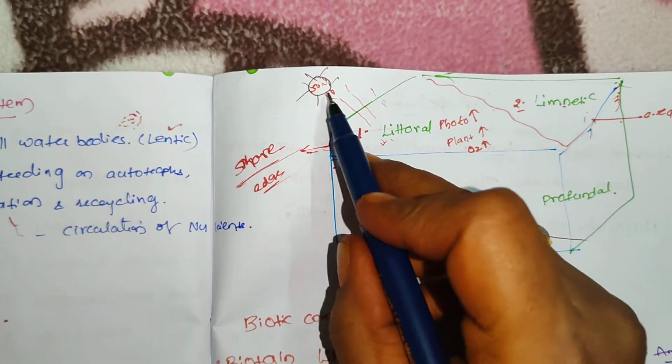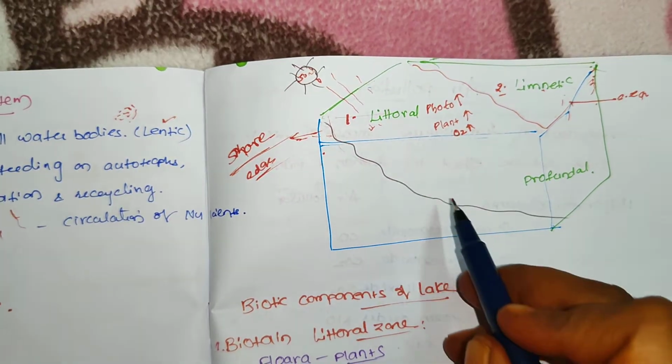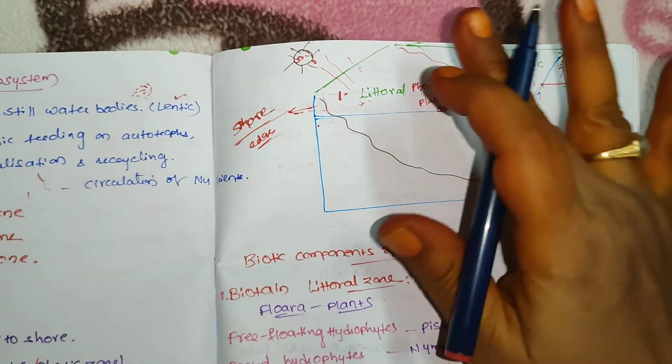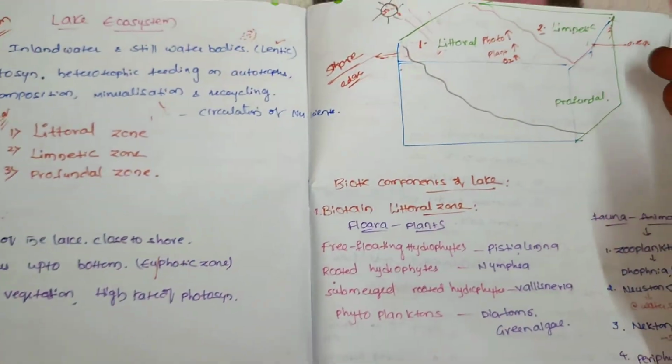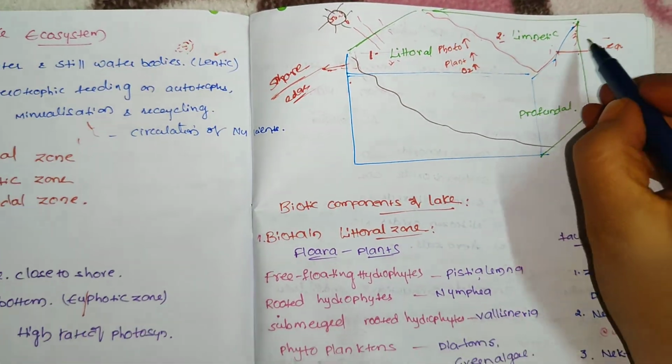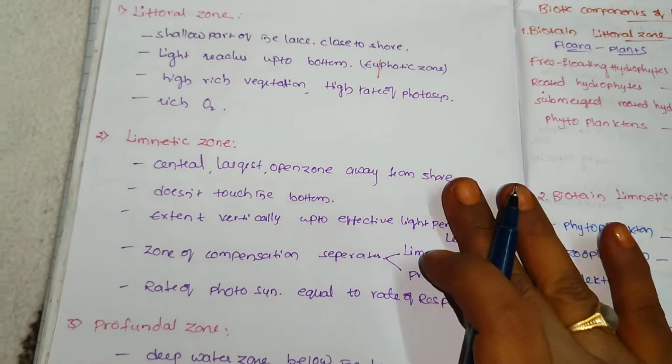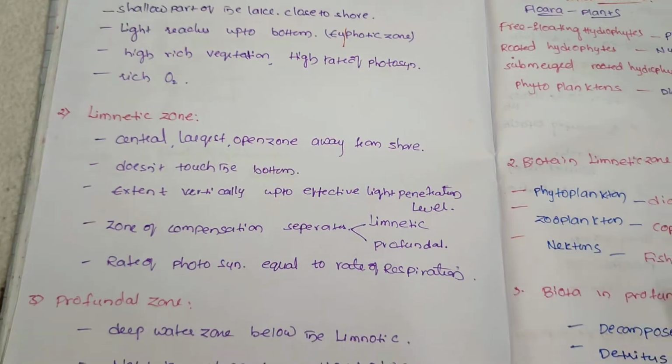The light penetration in the littoral is up to the bottom, but in the limnetic it is very low, not up to the end. That is why there is a moderate amount of photosynthesis, moderate plants and moderate oxygen levels. That is the limnetic zone.